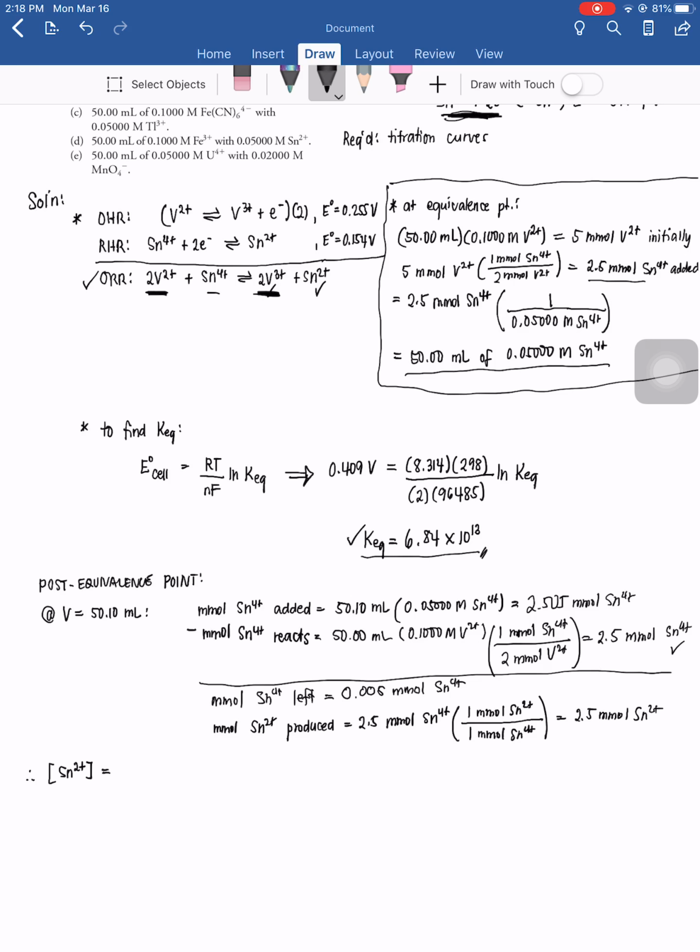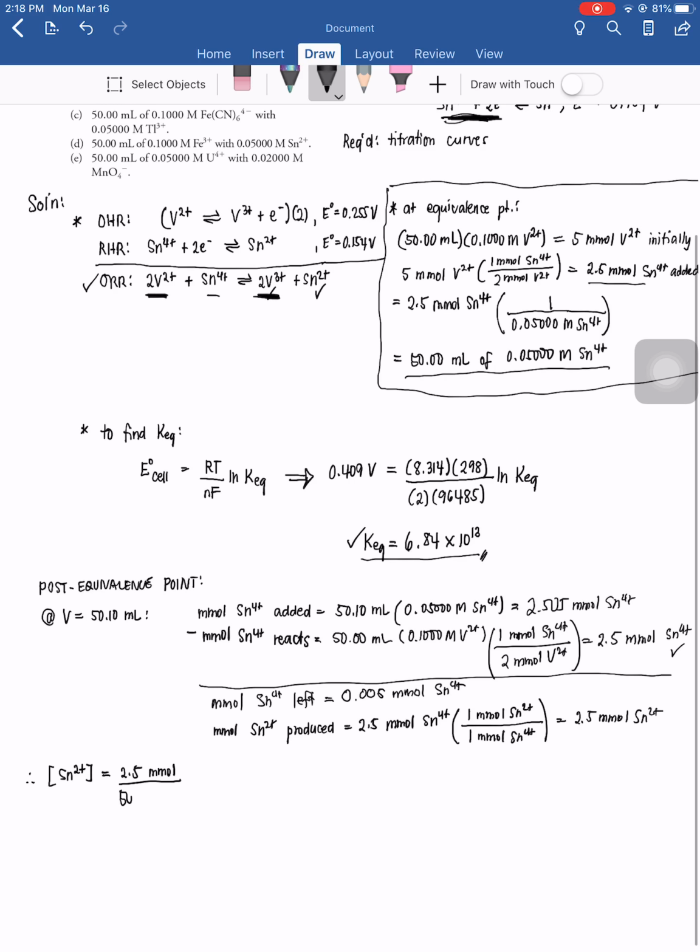For tin 2, that's 2.5 millimoles divided by the overall volume. We started off with 50 at the very beginning plus 50.10. So that's 2.5 over 100.1. That's around 0.025 molar.